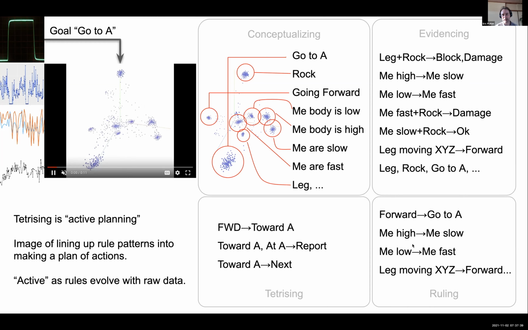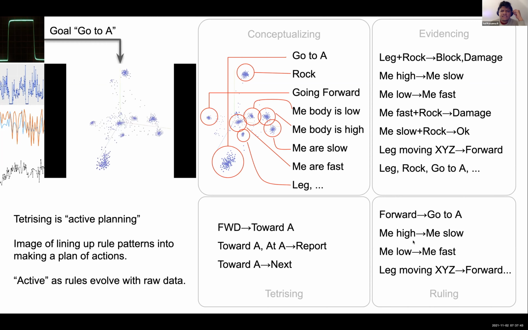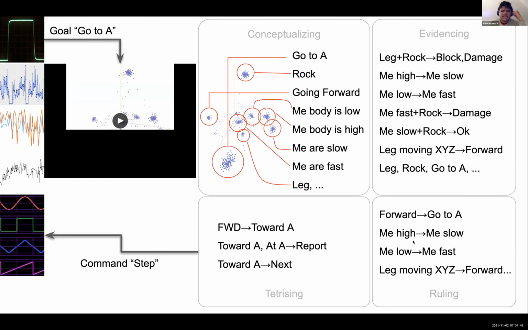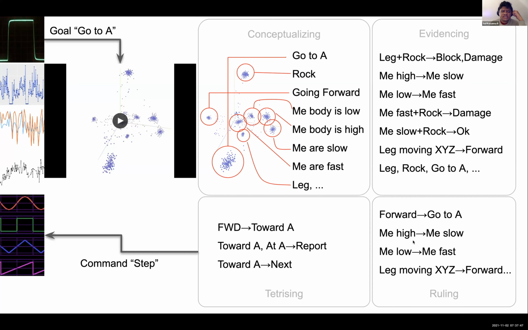I have a doubt on the evidencing part. Where does the initial data come from? Is it human-controlled teleoperated data, or what generates the initial data that trains the matrix? Which matrix? The one that's conceptualizing?